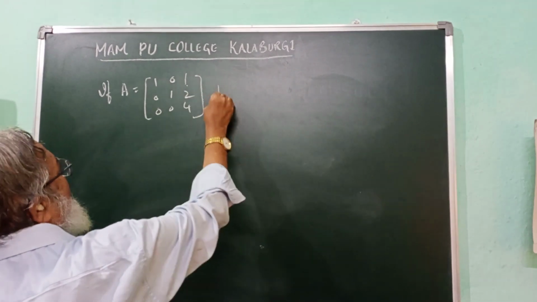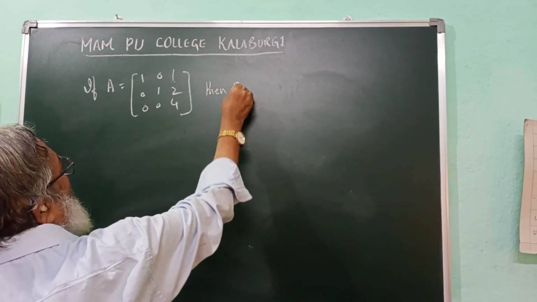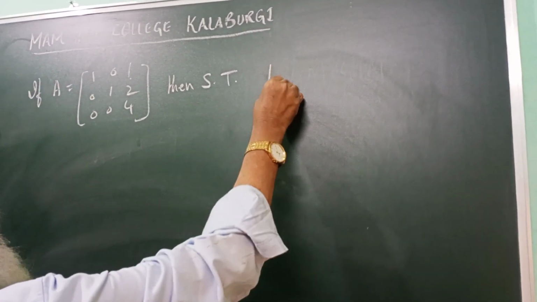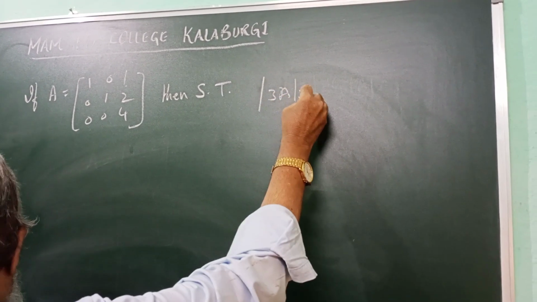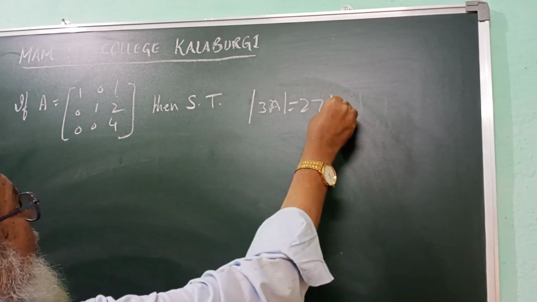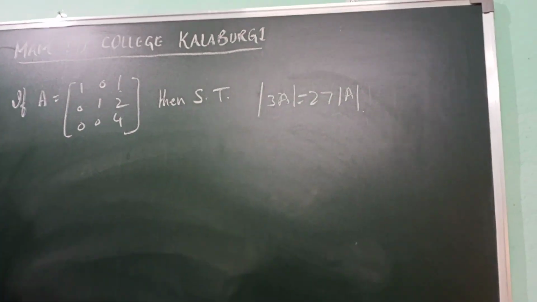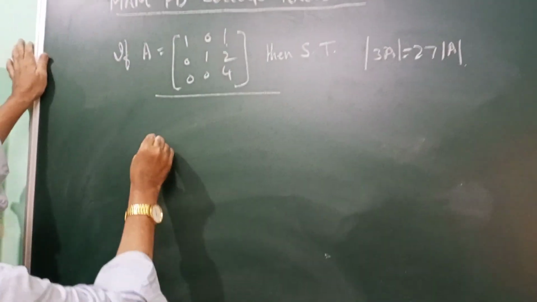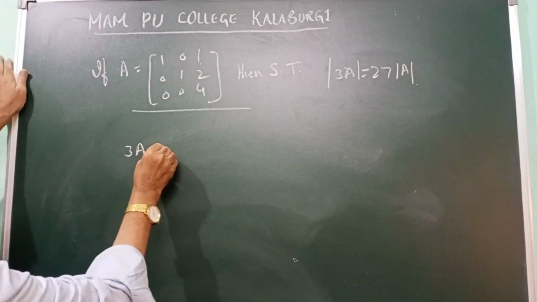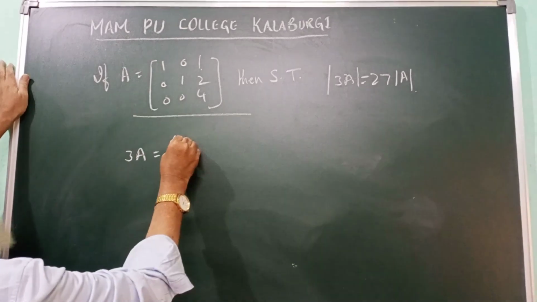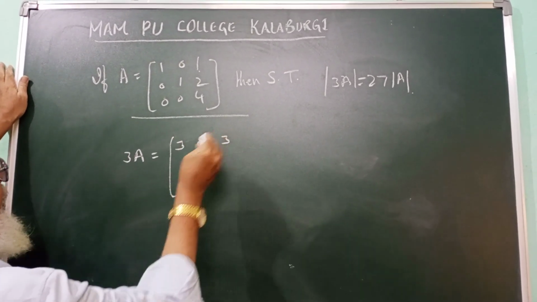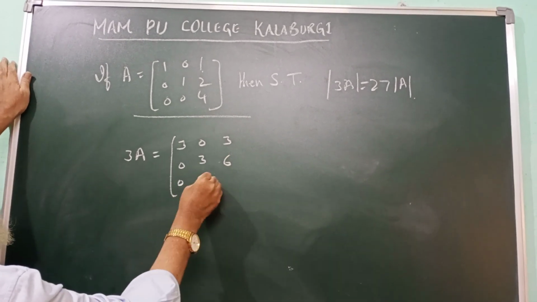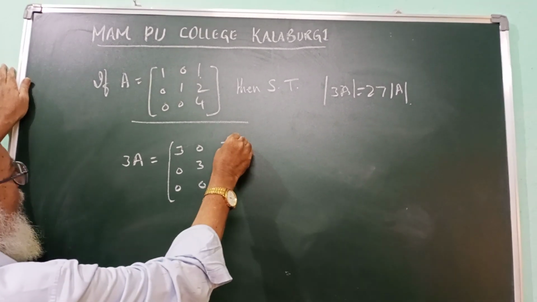Show that determinant of 3A is equal to 27 into determinant of A. Adopt the same procedure. We multiply this to 3A. So every element is multiplied by 3 here. 3, 0, 3, 0, 3, 6, 0, 0, 12.